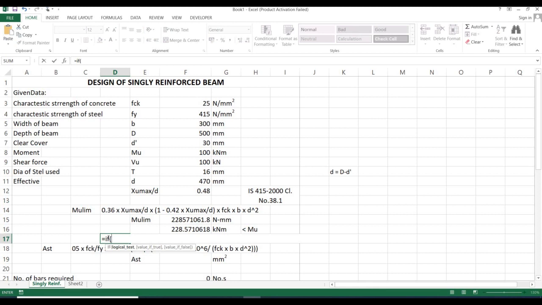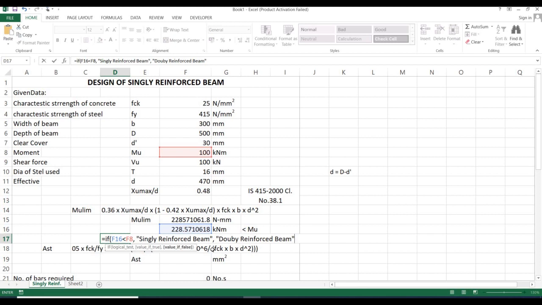IF my Mu limiting is less than Mu, comma, in that case in double inverted commas, yes, singly reinforced beam, or if this function fails, that means if Mu limiting is greater than Mu, in that case it should write doubly reinforced beam.